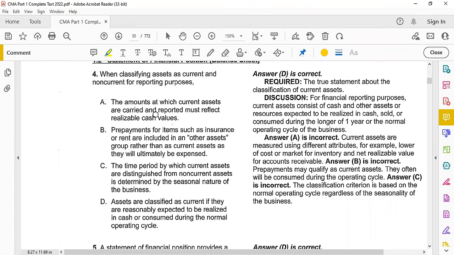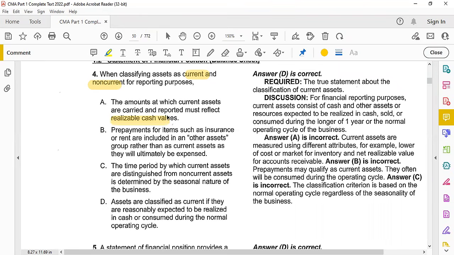Okay, what they are saying is that when classifying assets as current or non-current for reporting purposes, read the question, what are they saying? The amounts at which current assets are carried and reported must reflect realizable cash value.